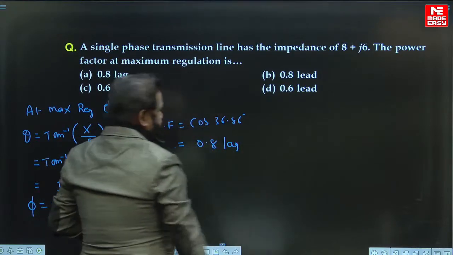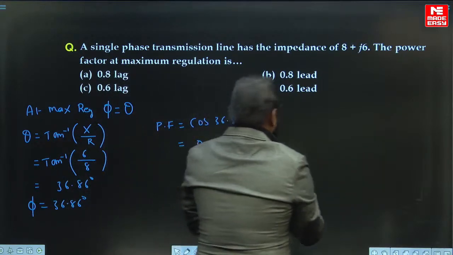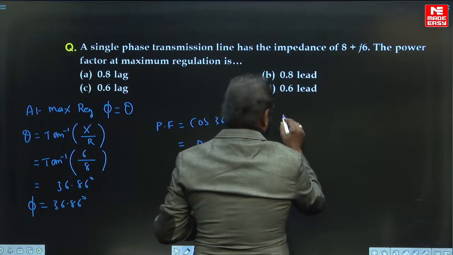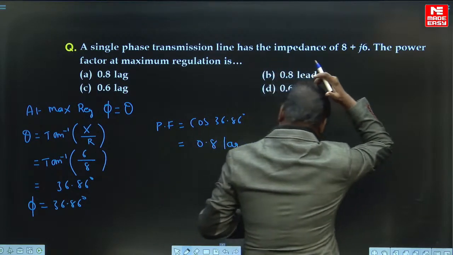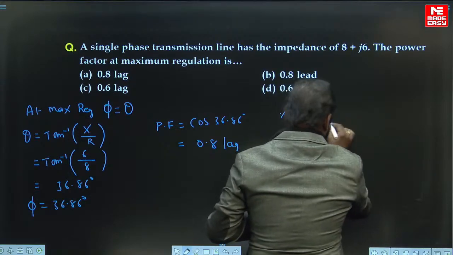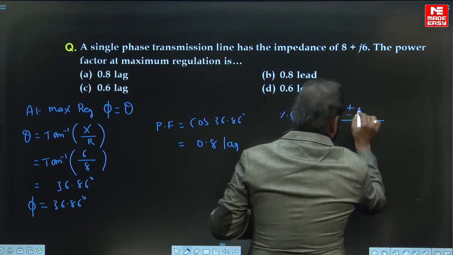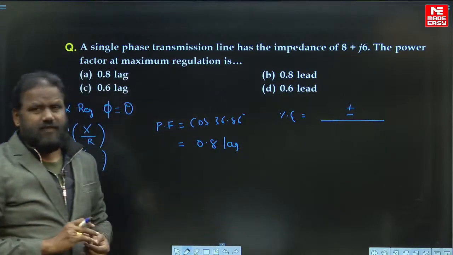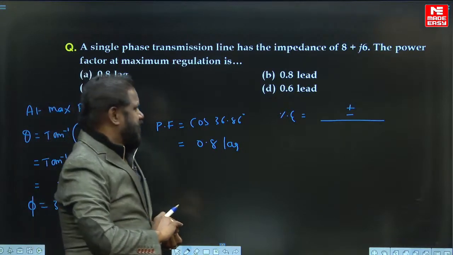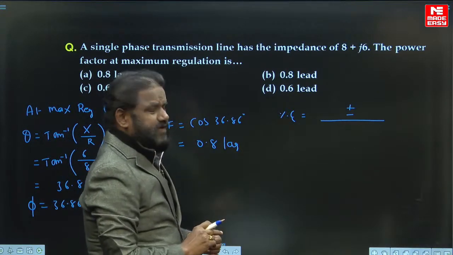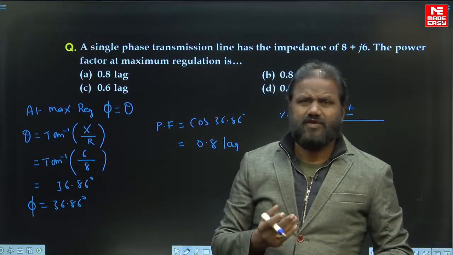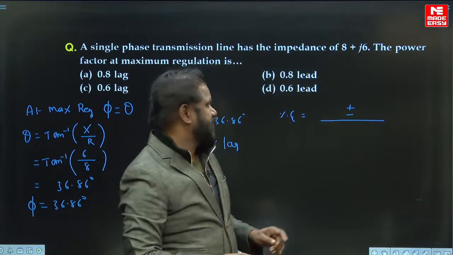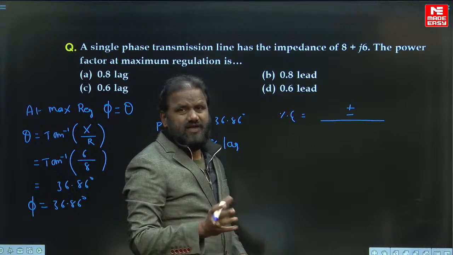Why? You have the percentage regulation, which involves a drop, and in the formula of the drop you can take plus or minus. For the regulation to be 0, the drop has to be 0, which means component A and component B can have the negative sign.